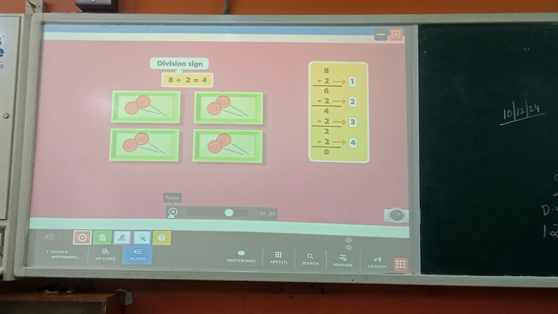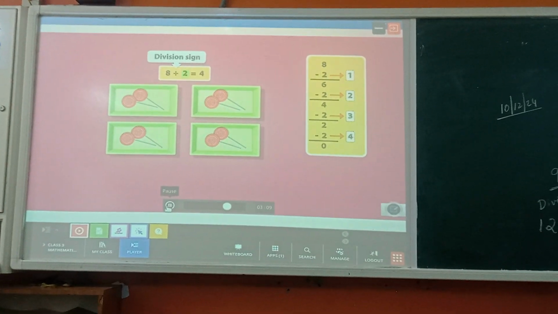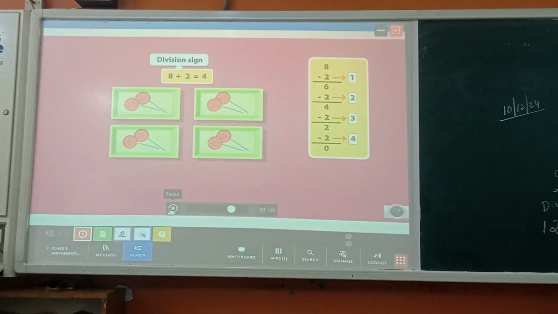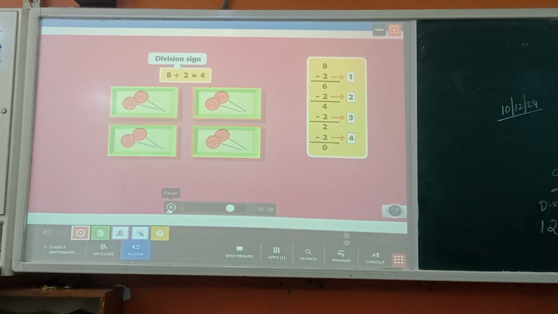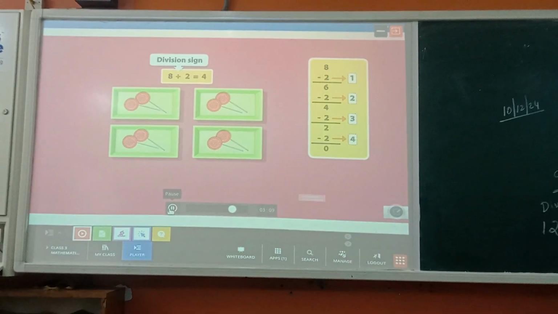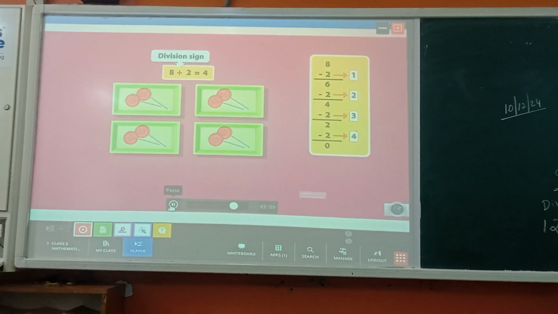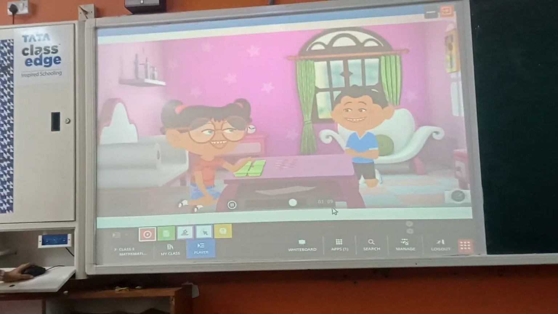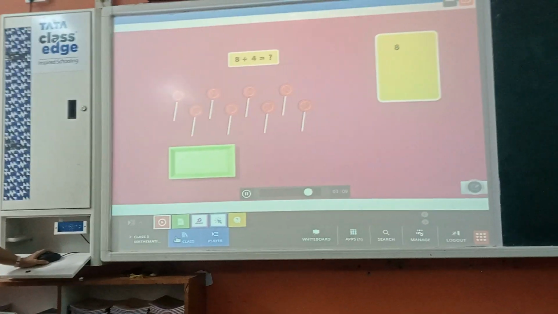Now this shows us that 8 divided by 2 is 4. Do you see the connection now? There are 4 boxes, and the subtraction was performed 4 times. You understand repeated subtraction, children? What would we do to divide these 8 candies by 4?